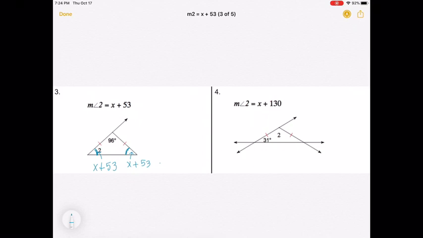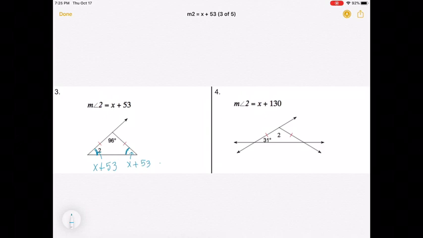Okay, now I'm not really done because I have to go a step further because I still don't have x. I just know that they're equal and I'm actually looking for x. But I do know that all three of these together will equal 180 just because that's the sum of a triangle's angles. So now I can set this up equal to 180.